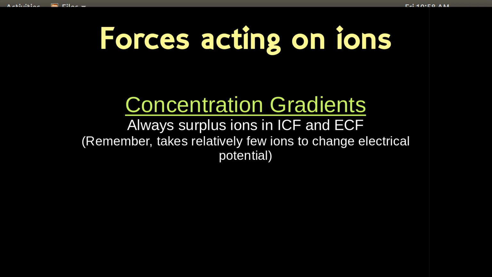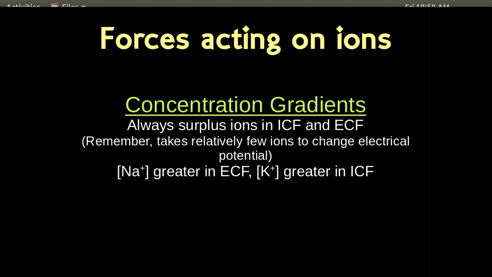So for that reason, we can think of the concentration gradients as being a fixed thing across those membranes. It's being maintained by the sodium potassium ATPase. If you shut them all down, eventually you would deplete it. But in the course of setting up a potential, it would take a long time.